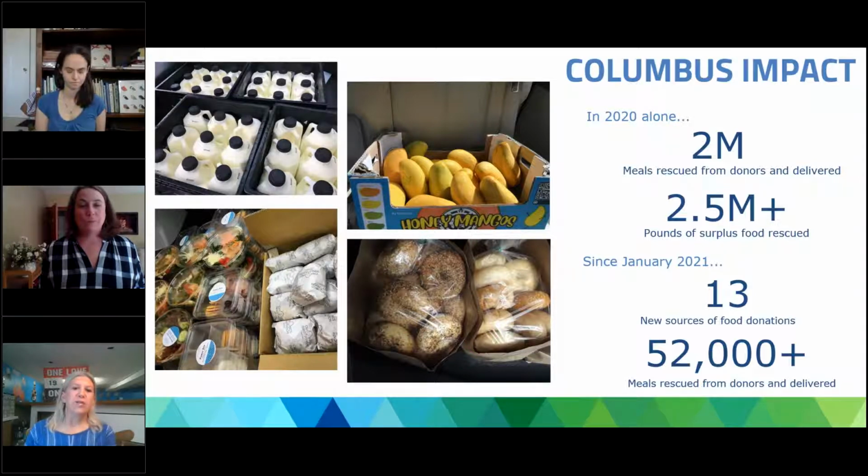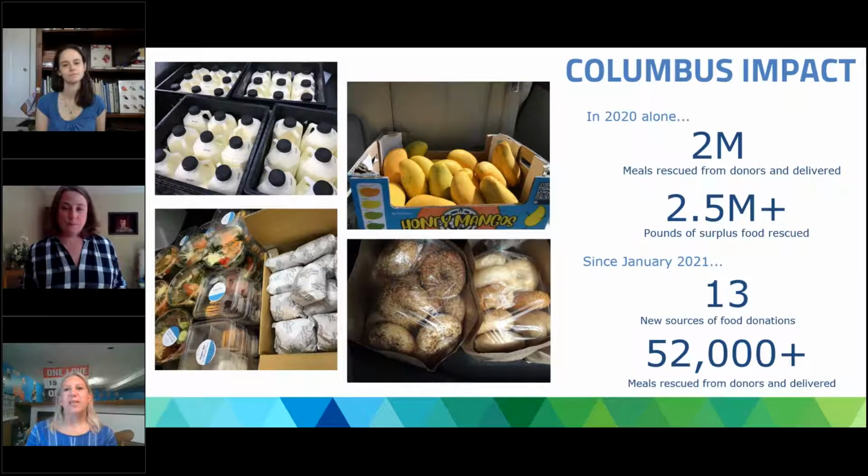And you can see in the photos the range of things, everything from mangoes and limes and Brussels sprouts to quantities of milk, prepared food, bread and bakery products, and prepared food from both restaurants and grocery stores. It's been an interesting journey figuring out how best to use that food.